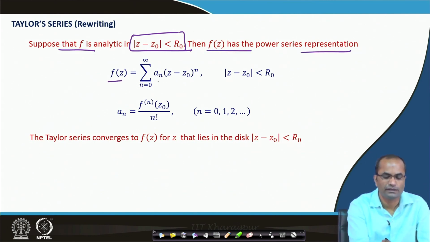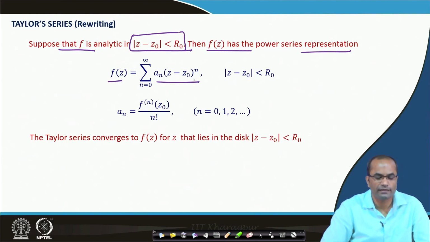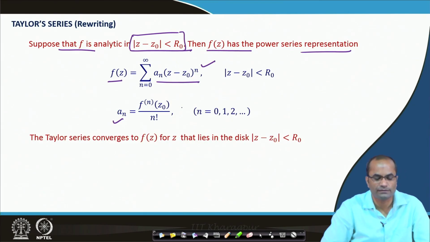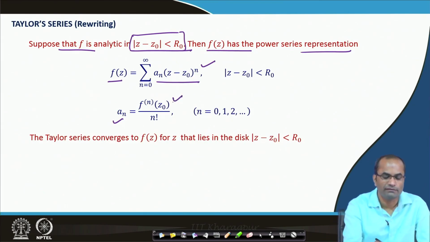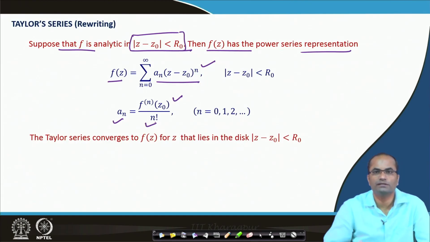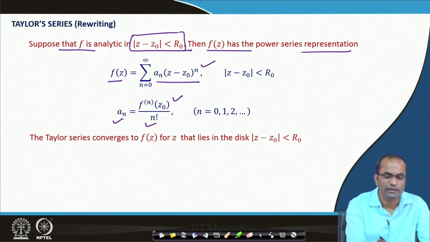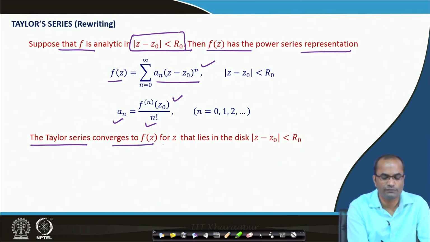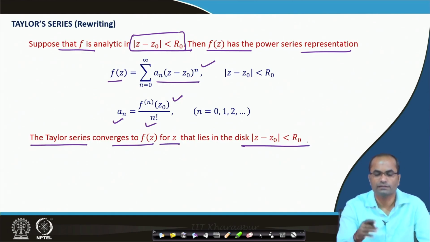So, f(z) we can naturally write as the sum of a_n (z minus z0) power n, and then a_n we can define as the nth order derivative at z0 divided by factorial n. So, it is the same series what we have seen on the previous slide, but just written in a slightly different form. And the Taylor series converges here to f(z) for z that lies inside the disk |z minus z0| less than r0.